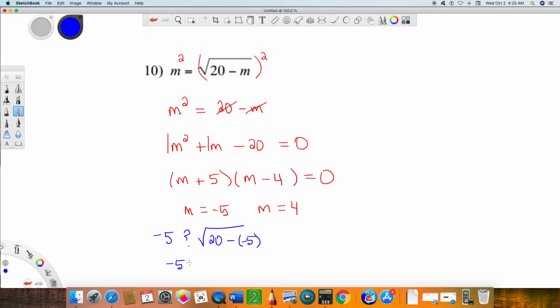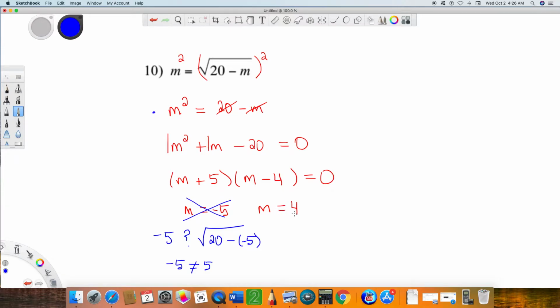Negative 5 is not equal to positive 5. And this is extraneous. And like I say, although it satisfied this equation, the price we pay sometimes for getting rid of the radical and squaring both sides of the equation is that this new equation has some extra solutions that the original one doesn't have. In this case, negative 5 is one of them.